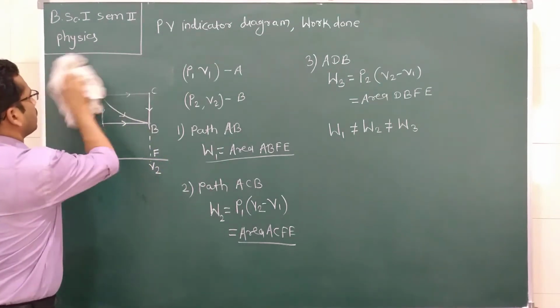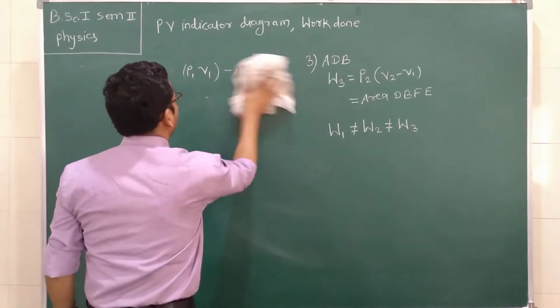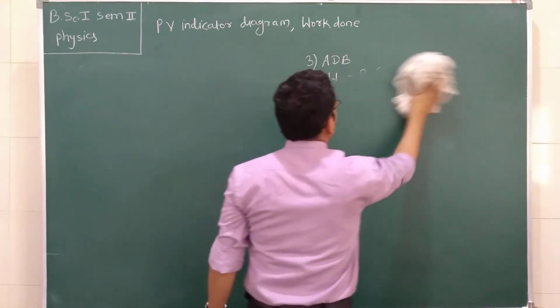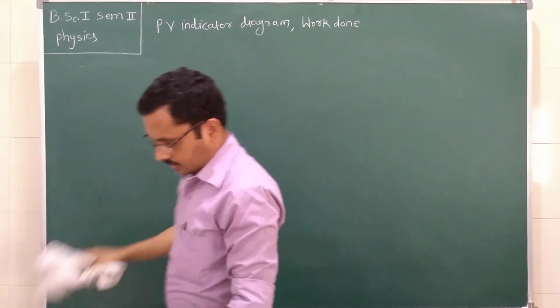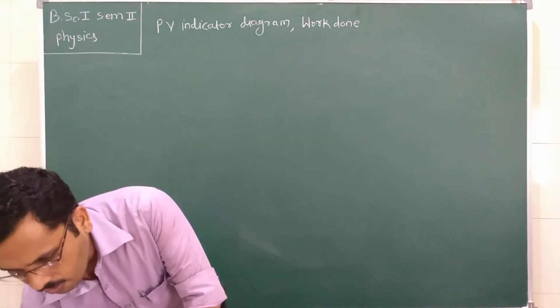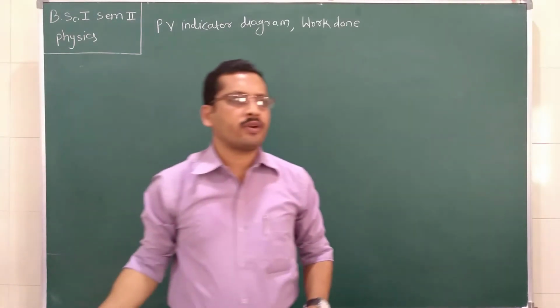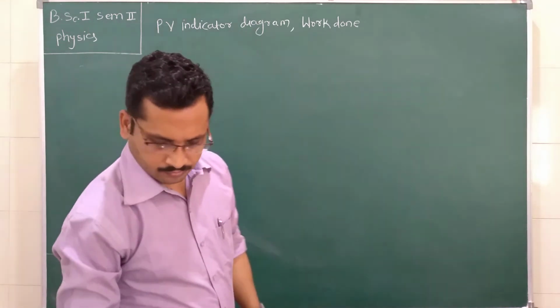In the last lecture, we saw that when the system undergoes changes, its volume and pressure change. Now, what is the amount of work done, and is it work done by the system or work done on the system? Okay, we are going to see here.